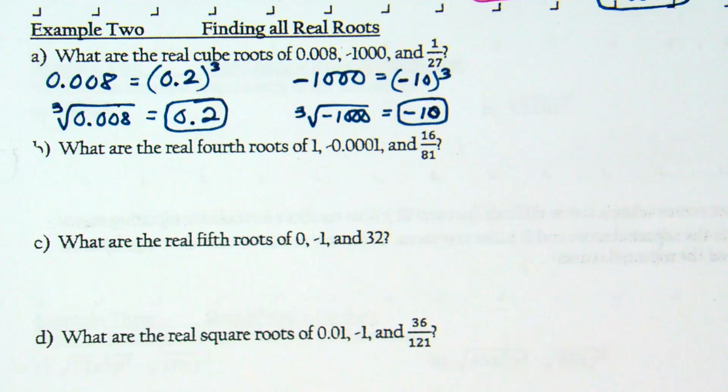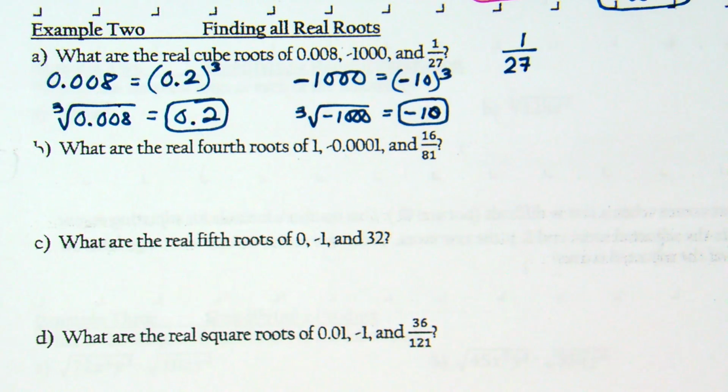Okay, 1/27. I'd like to argue you can do this one without a calculator too. I see a 27 in there, yes? Can you come up with a cube root of 27? 3? Yep. 3 times 3 is 9, times 3 is 27.